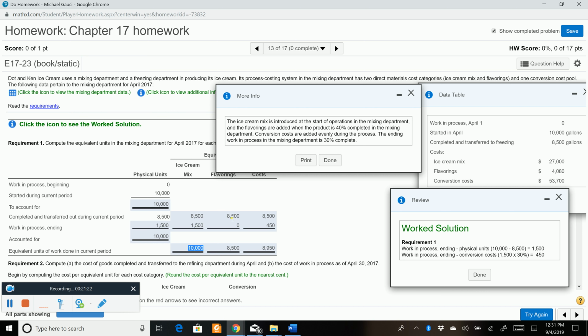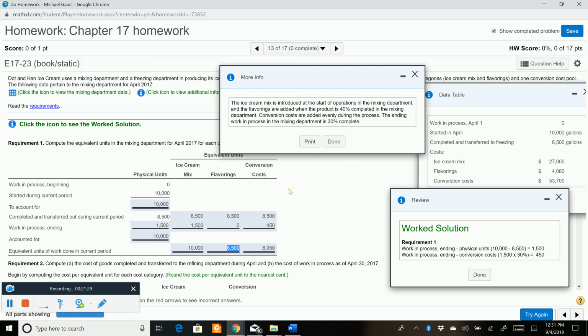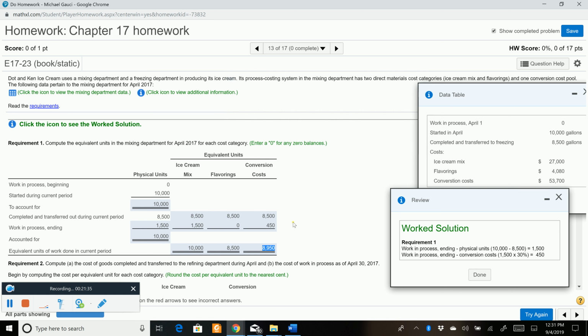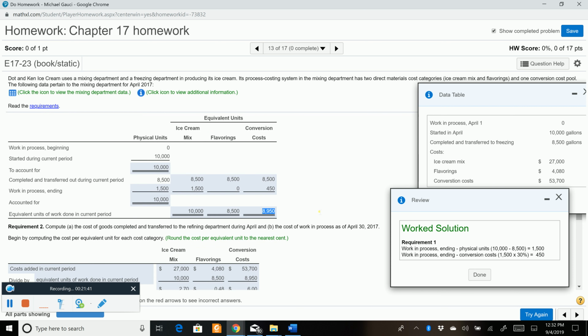For flavorings, 8,500 plus 0 gives us 8,500. And for conversion costs, 8,500 plus 450 will give you 8,950. So those are basically the computation of the equivalent units. That's step 2 in the process.